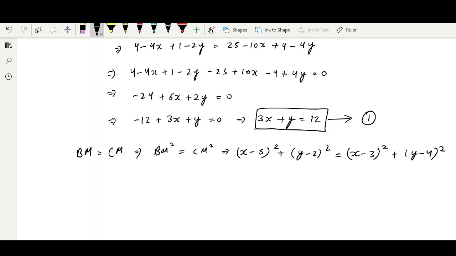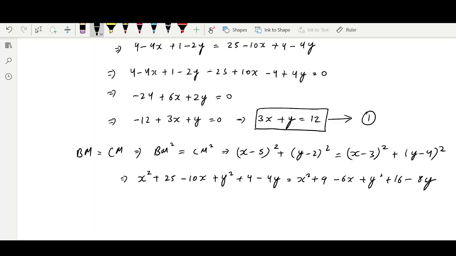Now you can simplify this in the similar format and solve to get x square plus 25 minus 10x plus y square plus 4 minus 4y equals x square plus 9 minus 6x plus y square plus 16 minus 8y.